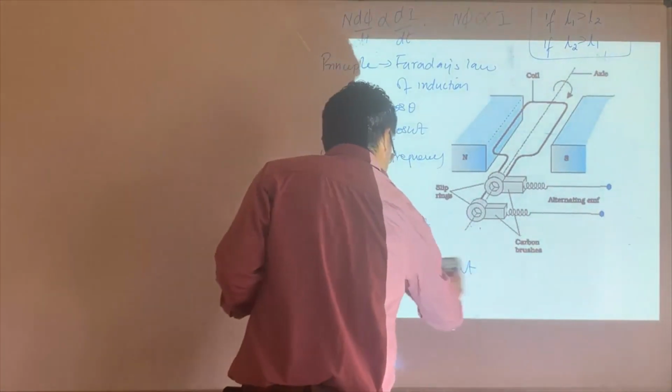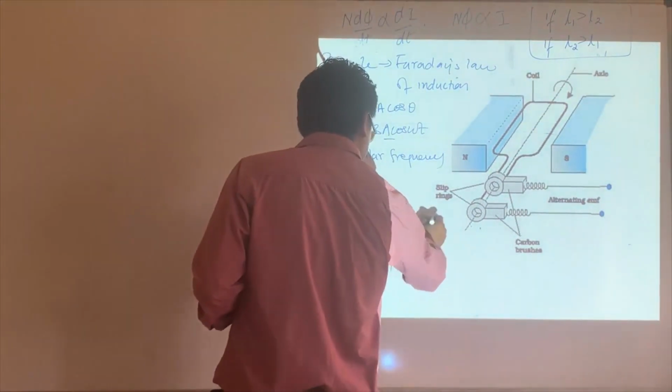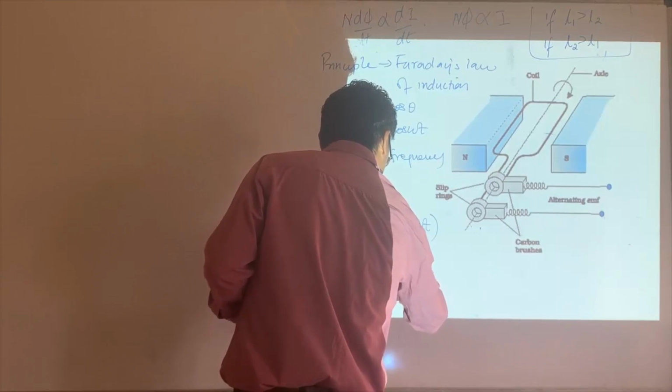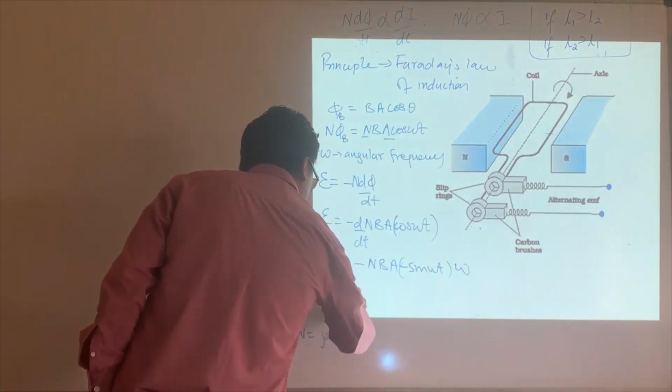So first I differentiate this, giving minus sine omega t, then I differentiate omega t, and minus into minus is plus.